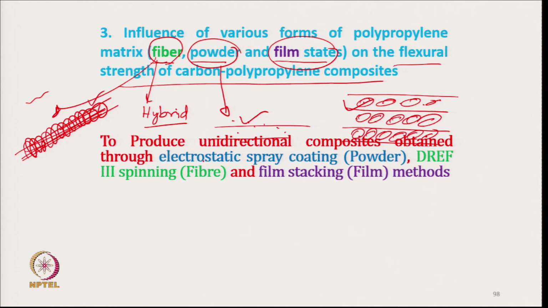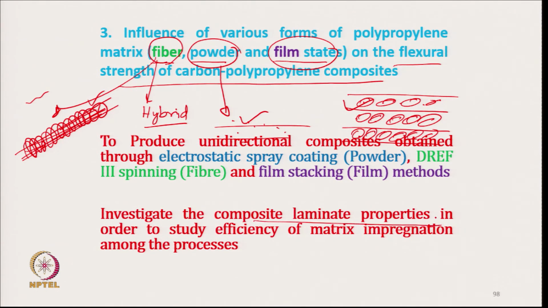So, electrostatic spray coating when we use powder, DREF spinning when we use polypropylene matrix as fiber, and film stacking as the film method. Okay.